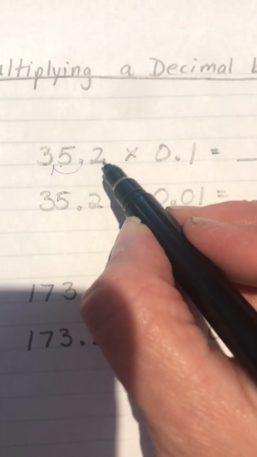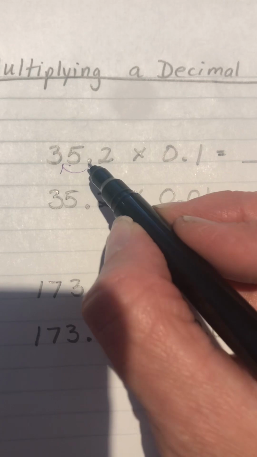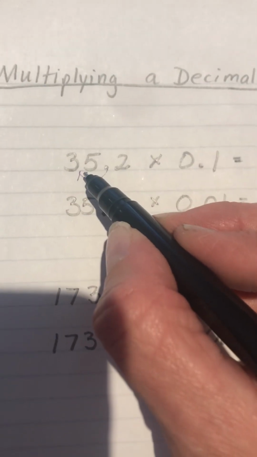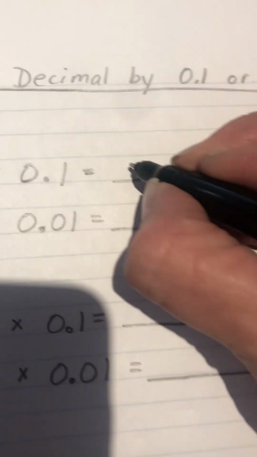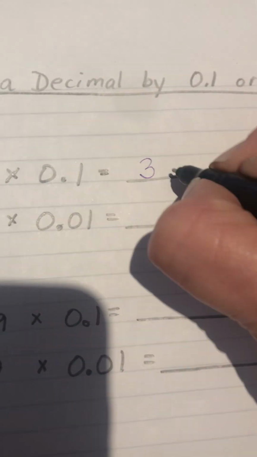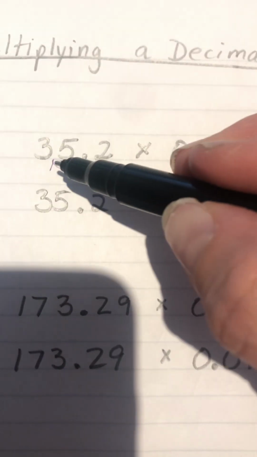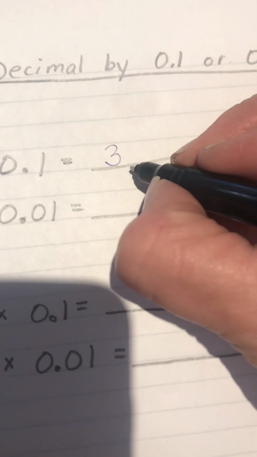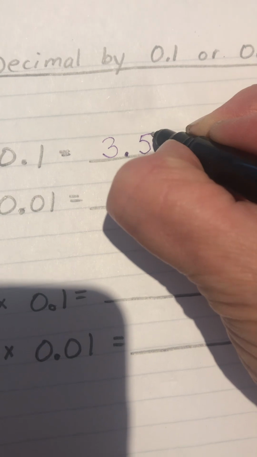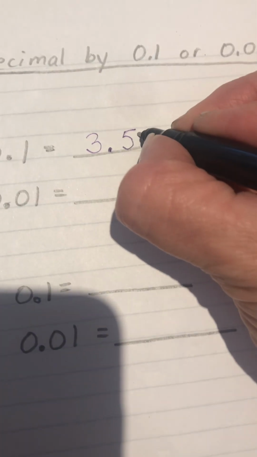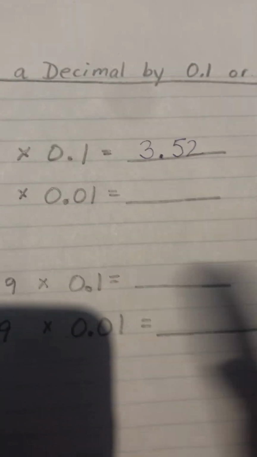So now they can see that the decimal point moved from between the 5 and the 2 to now between the 3 and the 5. So when you write your answer, you would write it as 3, again the decimal is in between the 3 and the 5, and 52 hundredths. Okay, so that is your answer to times 1/10.